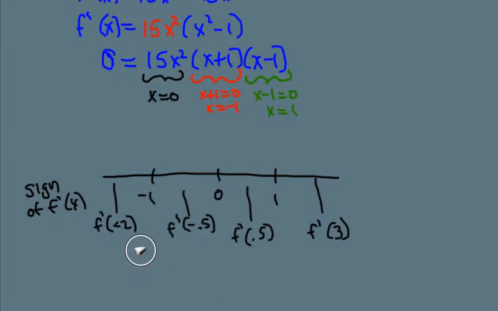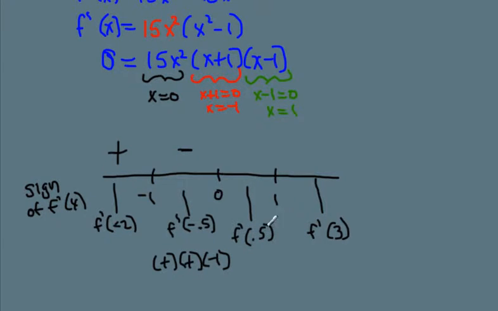I could do it out on a calculator, but it's a positive times a negative times a negative. If I plug in negative 0.5, I get a positive value, another positive value, and negative 0.5 times negative 1 gives me a negative. So my result here is going to be negative.